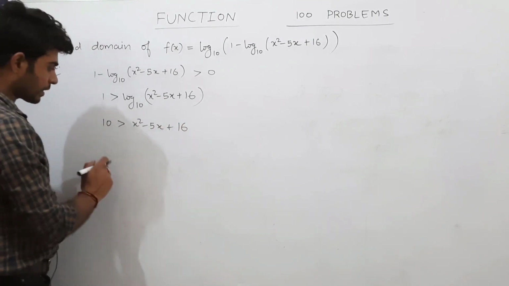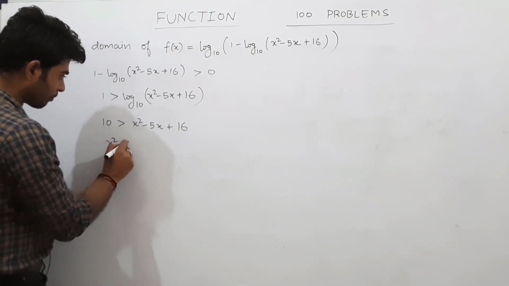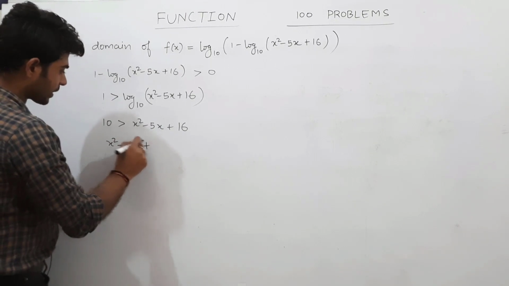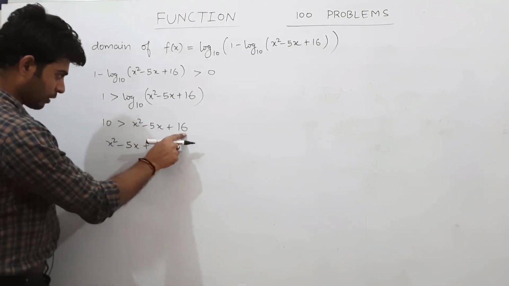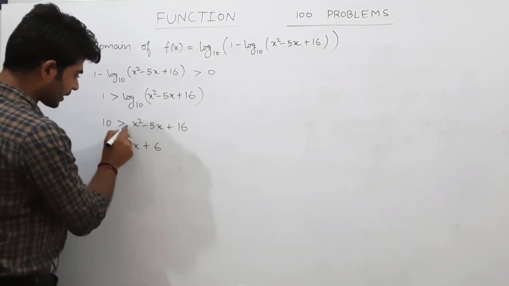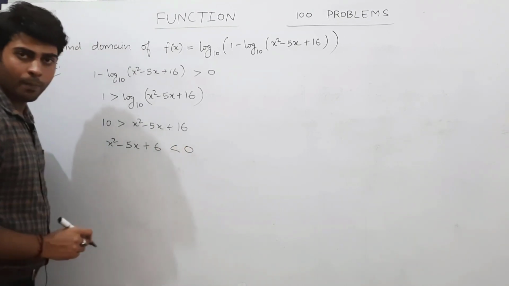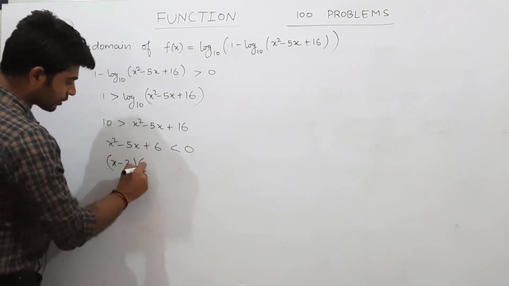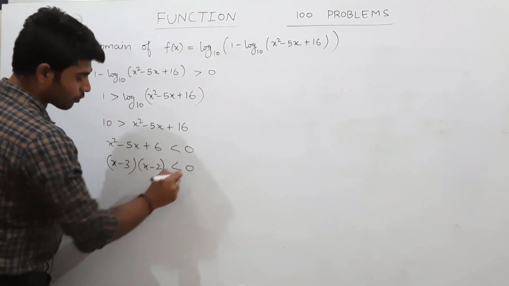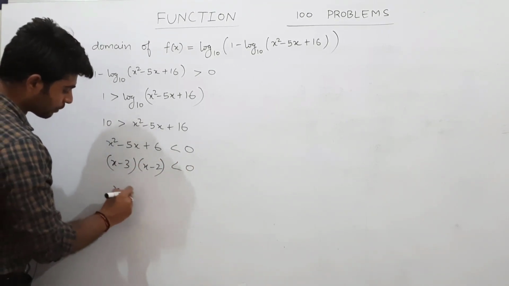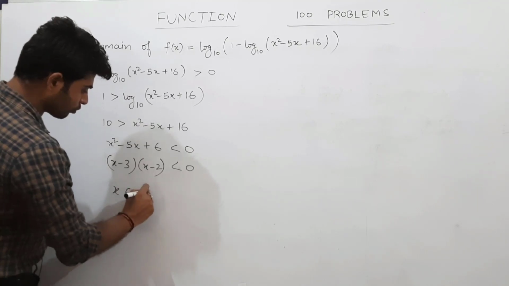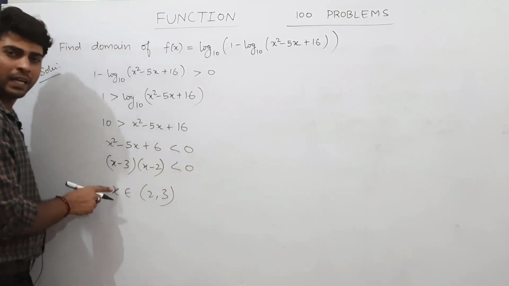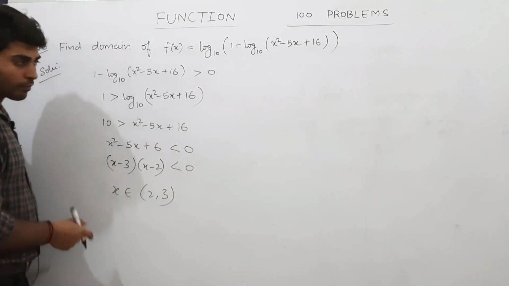Taking this quantity on this side we get x square minus 5x plus, on calculation, 6 less than or equal to 0. On factorization, x minus 3 into x minus 2 less than 0. We get x belongs to 2 to 3. Again here we applied the wavy curve concept.